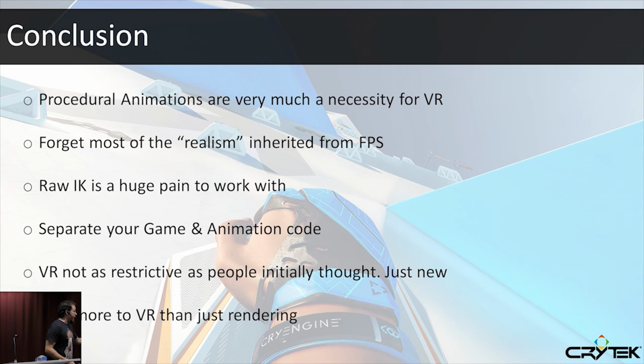So separate your game and animation code: you have game code that just decides "this is what the game is doing, this is what you're playing," and animation code that responds to it and tries to match it with animations. That is a huge time saver and a boost for productivity. You can very easily check: if the game is where it expects to be, then it's animation code, and if the animations are responding correctly but the game is sending wrong information, that is gameplay code. It just makes everyone's life easier.